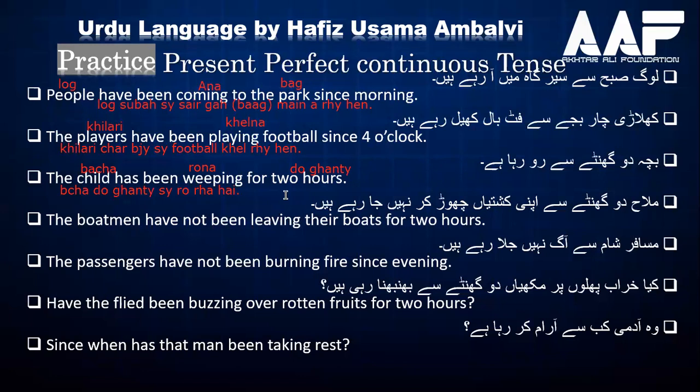Remember, first you write the subject, then the time, and after that the object, and after the object the translation of the verb, and at the end the sentence influence. At the end of present perfect continuous tense, you will write raha hai, rahi hai, the same as in present continuous tense.